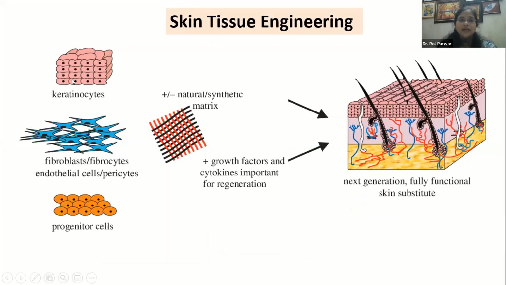This is another diagram, where we take different kinds of cells, keratinocytes, fibroblasts or stem cells, and put them on a nanofibrous non-woven structure. We initially grow the cells in the lab, and then transfer them to the wound site.